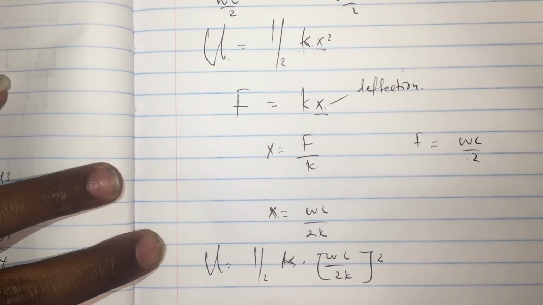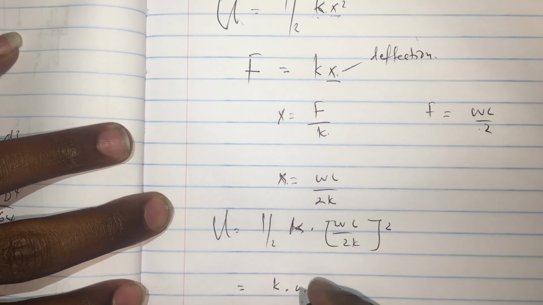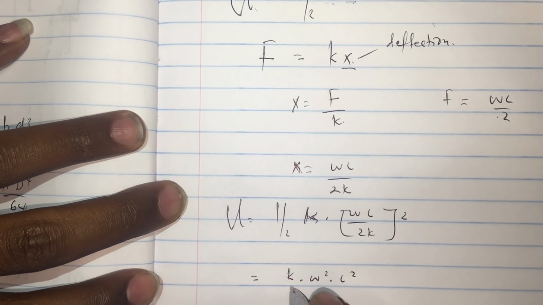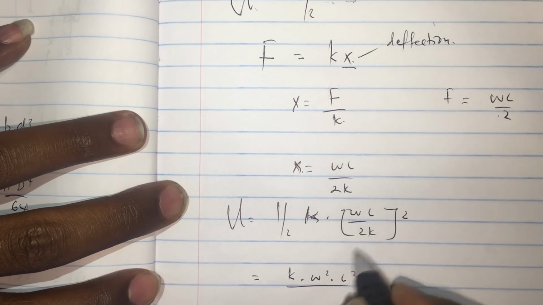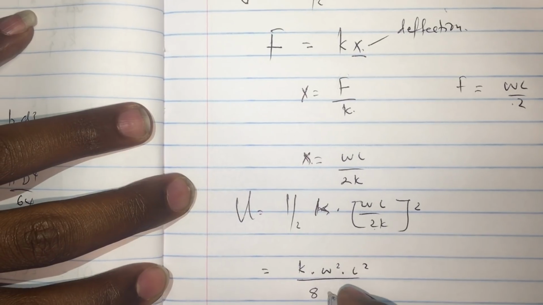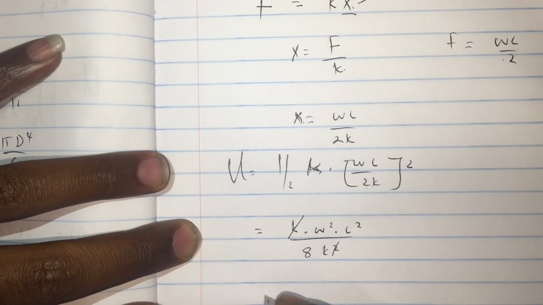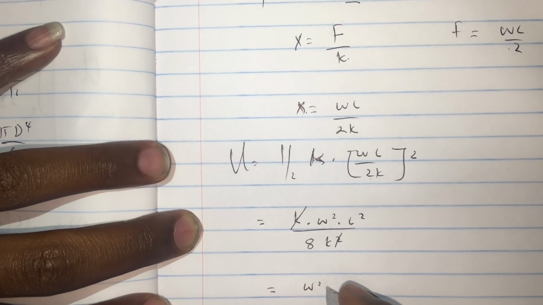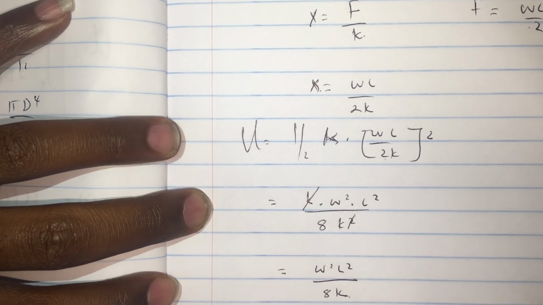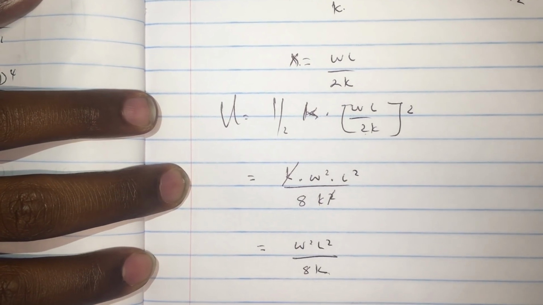This becomes K omega squared L squared over 4 times, this becomes 8, K squared. The K goes, so this becomes omega squared L squared over 8K. So this is the total strain energy that is obtained within our spring.